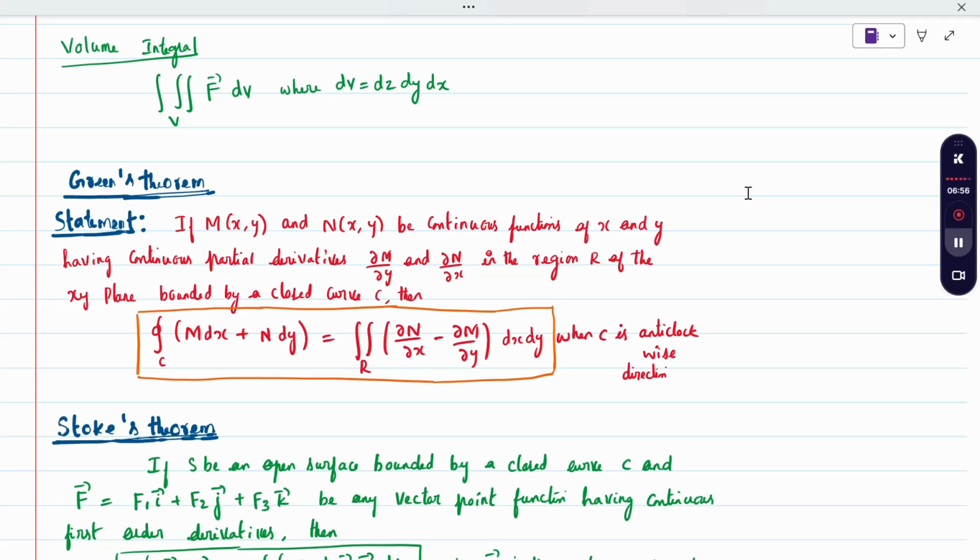We have to follow the anti-clockwise direction. Read the statement once; the formula you compulsorily have to learn.